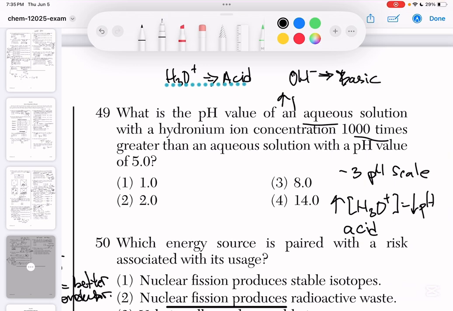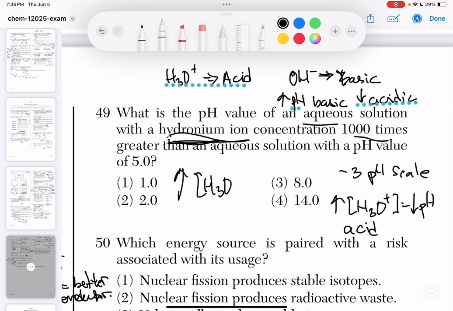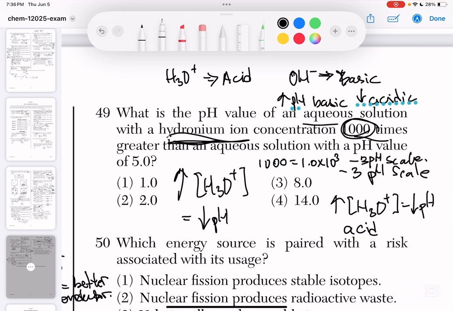If you go high on the pH scale, it's basic, and if you go low, it's acidic. So having a high concentration of hydronium ions would mean that we're decreasing on the pH scale. And since 1,000 times equals 1.0 times 10 to the third, we're going to be -3 on the pH scale. So we will go with 2.